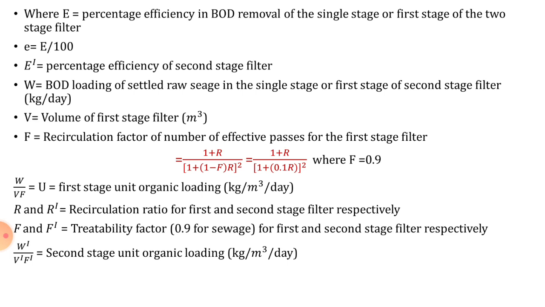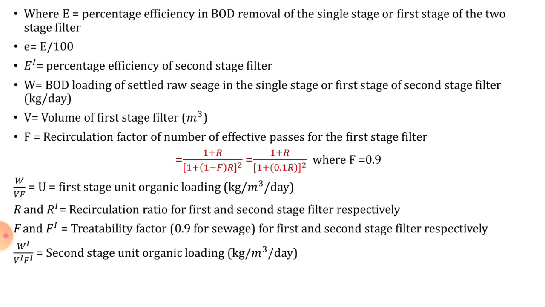So it will be given by 1 plus R divided by, in bracket, 1 plus, in bracket, 1 minus F into R, bracket close, bracket raised to square. That will be equal to 1 plus R divided by, in bracket, 1 plus 0.1 R, bracket close, raised to 2, where F is equal to 0.9. So by putting the F value as 0.9, we are getting this second equation.